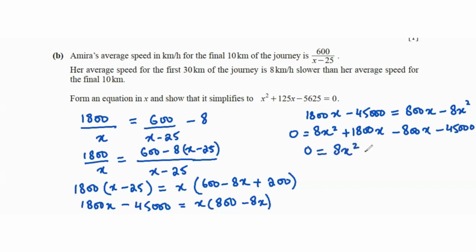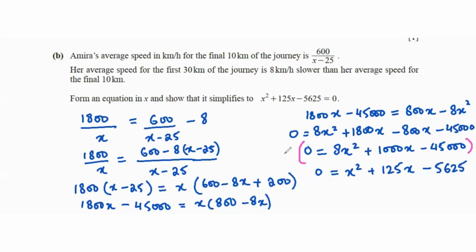So let's divide everything by 8, and that will give us X squared plus 125X minus 5,625, which is exactly the equation in the question. So remember to simplify this by dividing by 8.